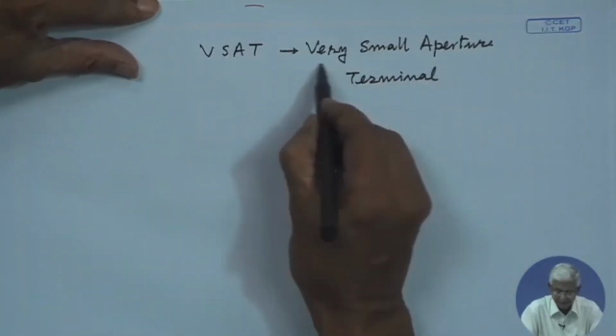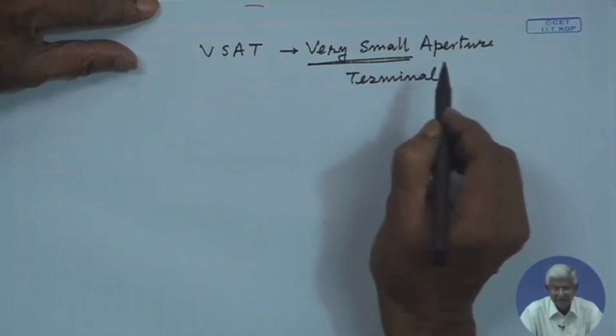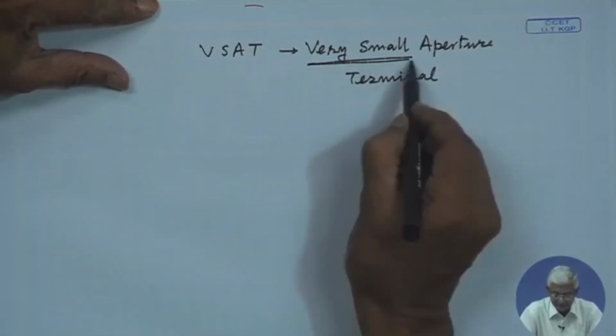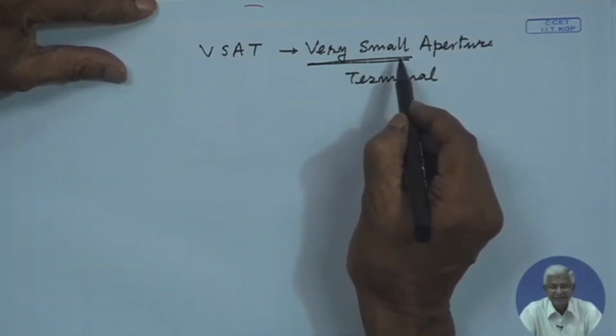Of course this word very small came in the 1980s, I should say. Earlier than that, in satellite communication people were using antennas of the order of 7 meter, 9 meter. The smallest one was of the order of 4.5 meter or so. So when people started talking about a 1 meter antenna, 1.5 meter antenna, obviously it was called very small aperture. The diameter of the antenna is very small.